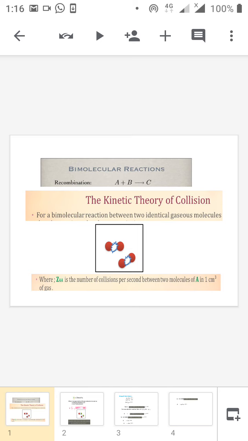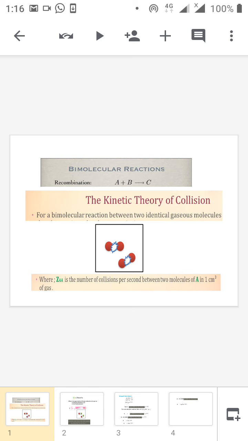The collision must be counted per centimeter cube and per second of time, the temperature is constant at T Kelvin, and the reaction contains only one type of molecule.